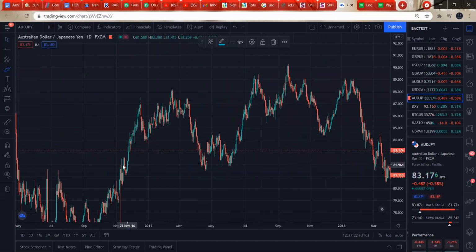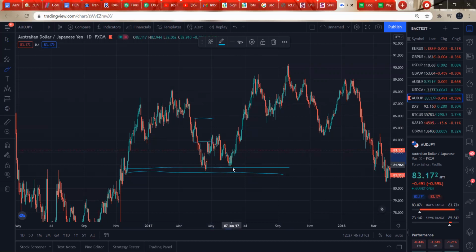We have an order block. You see, we have this order block here, which was retested here. With this move here, you can see that there is a lower low here, and then a lower low here.